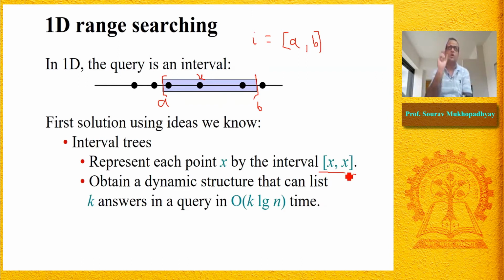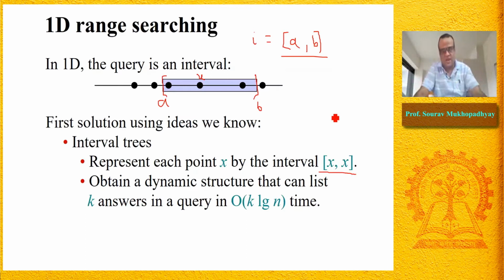In the red black tree we store the maximum element in that subtree, including the intervals, and we key those intervals by the left endpoint, low of x. So each point we can think of as an interval x comma x, and then we have a query interval, and we can do the interval search.